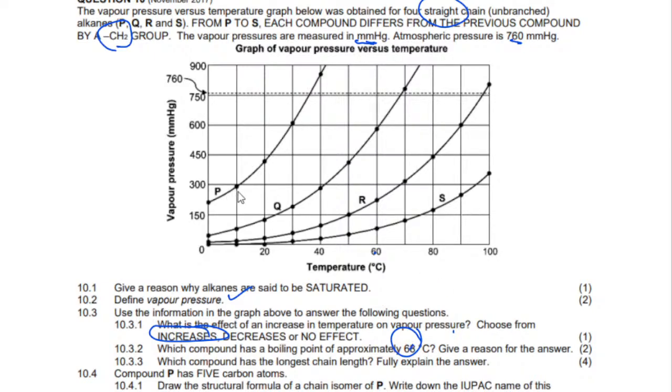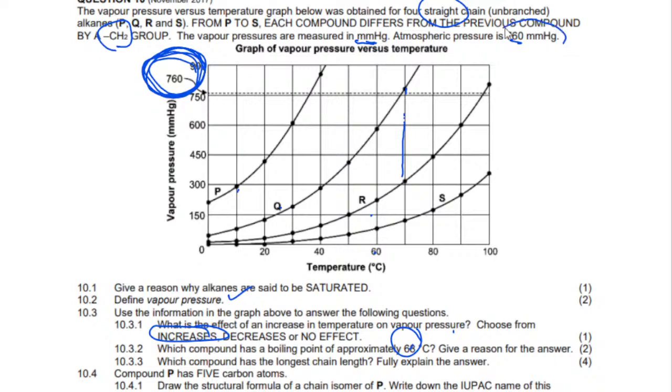So you have P, Q, R, and S. Here they are saying the boiling point is around here. You see, it boils here, because this is the vapor pressure and this is the atmospheric pressure; they must be equal so that something can boil.